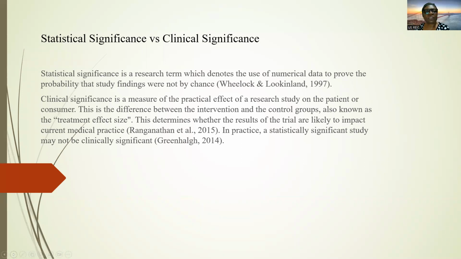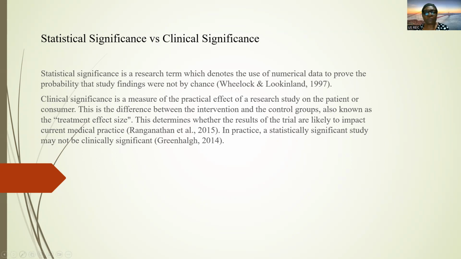Statistical significance is a research term which denotes the use of numerical data to prove the probability that study findings were not by chance. Clinical significance is a measure of the practical effect of a research study on the patient or consumer.